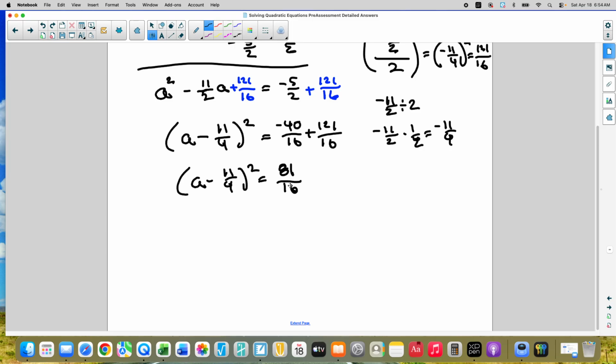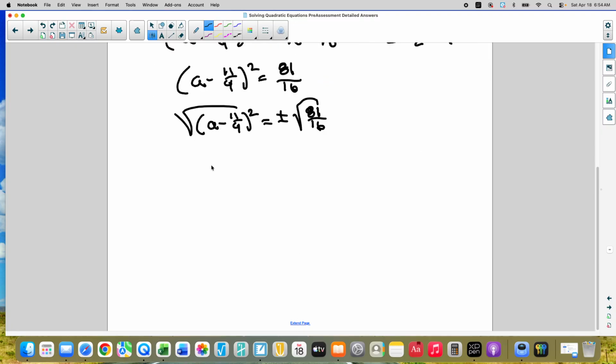Once I said the word 81 sixteenths, I said, yes. Those are perfect squares. Told you sometimes they can work out nicely. Plus or minus the square root of 81 sixteenths. You have a minus 11 fourths equals plus or minus 9 fourths.